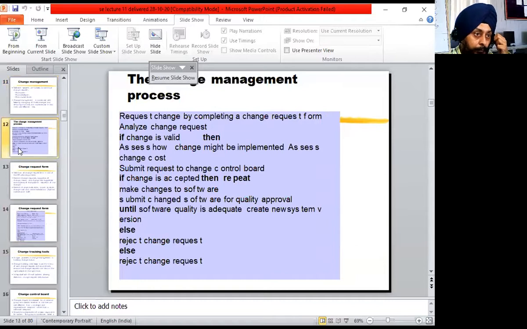So last one, this one. Just see, first of all, how changes have to be managed. It is not the simple thing of changing. First, request a change by completing a change request form. The form has to be filled either by the user, by a member of the development team, or by a sales manager.